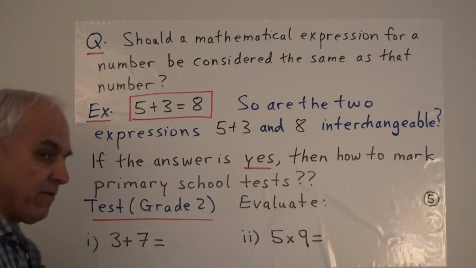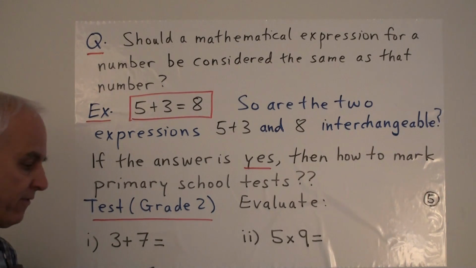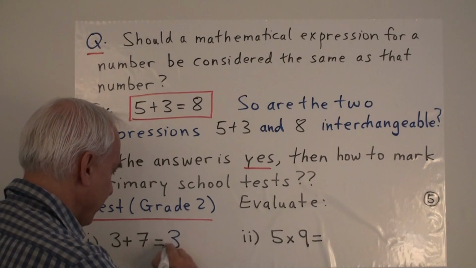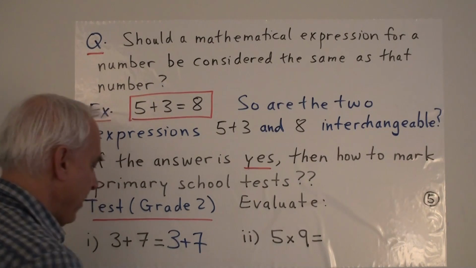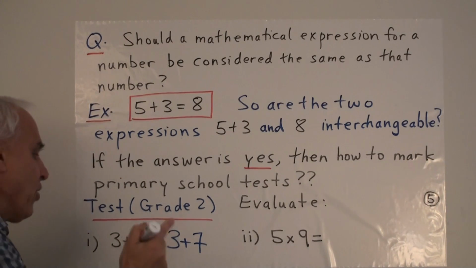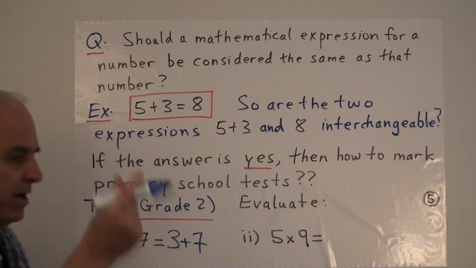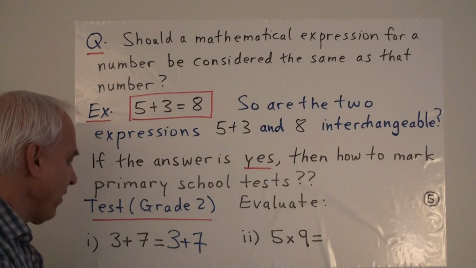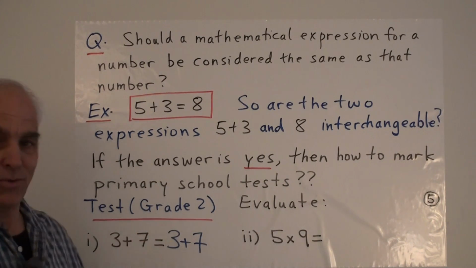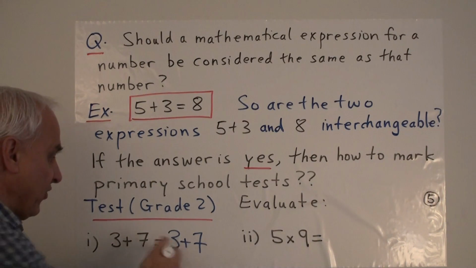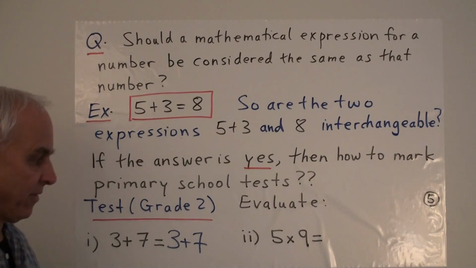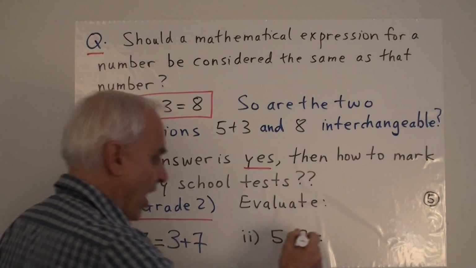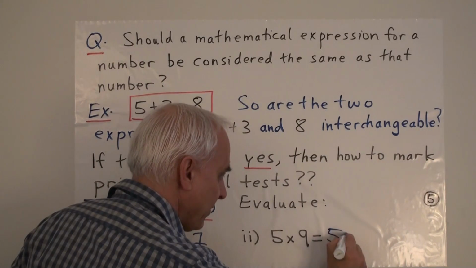The teacher wants me to evaluate that. Hey, I know how to evaluate that. I'll just write 3 plus 7. Because, okay, I know I could write 10, but why do I need to go through that hassle? Because 3 plus 7 is equal to 10. So this is just as good an answer as 10 is. And similarly, 5 times 9 is just 5 times 9.